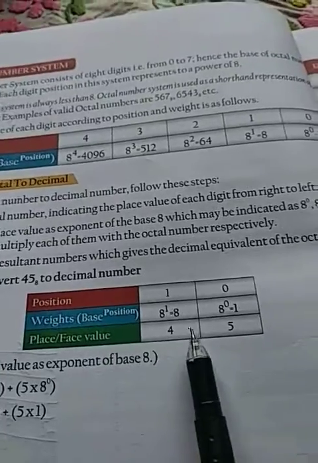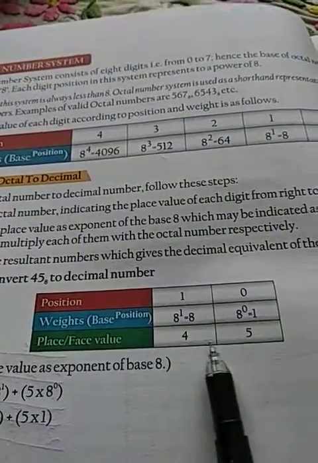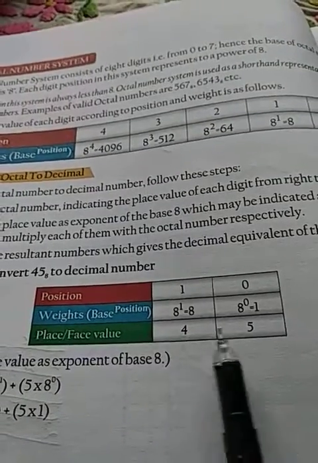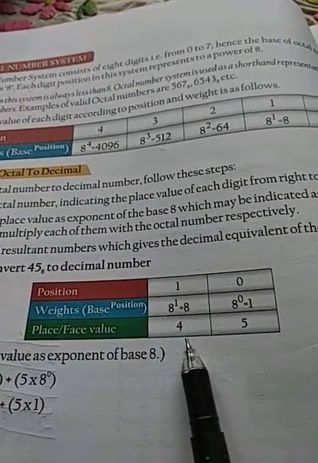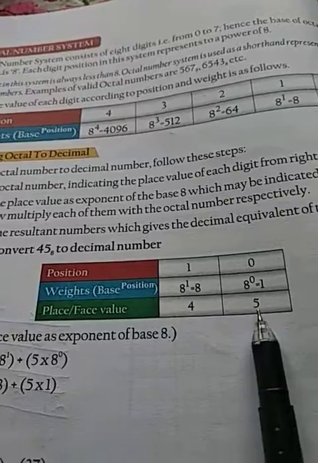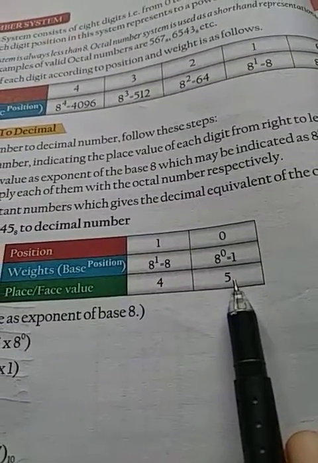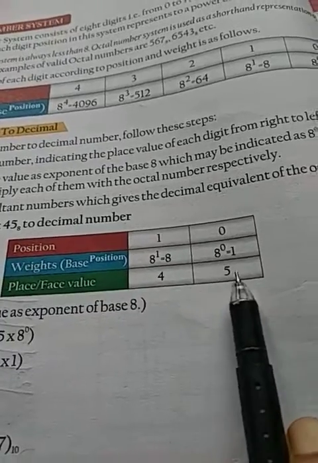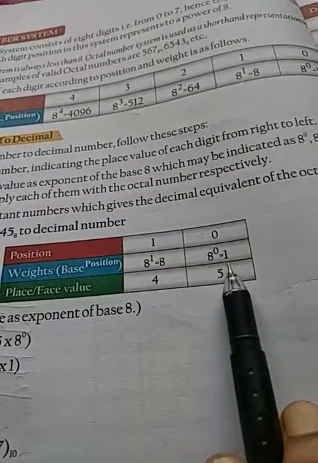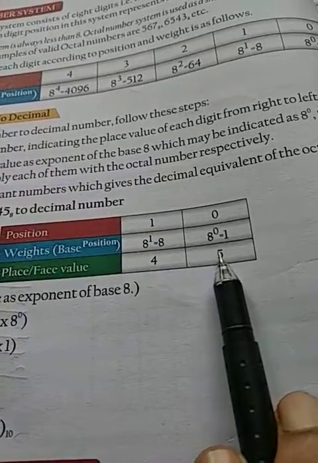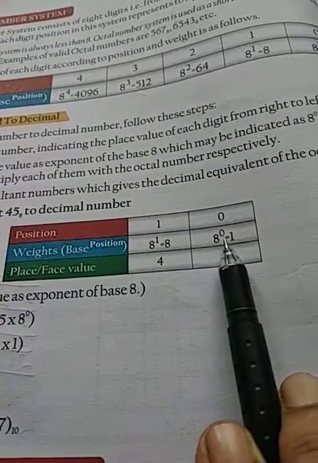Suppose this is the octal number 45, and we have to convert it into a decimal number. What will be the place value of 5 here? Since it is base 8, it is in the first position. So we will multiply 5 by 8 to the power 0.